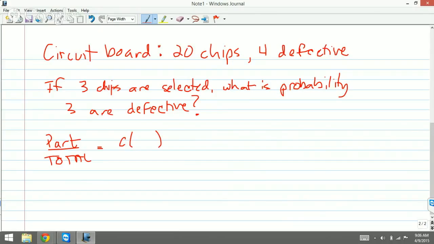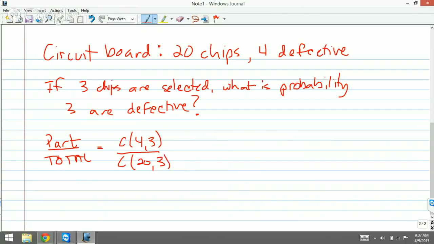Here on top, how many are defective? And we're choosing 3, so it's 4 choose 3. Okay, what's the bottom? What's the total? 20 and? You're only choosing 3.